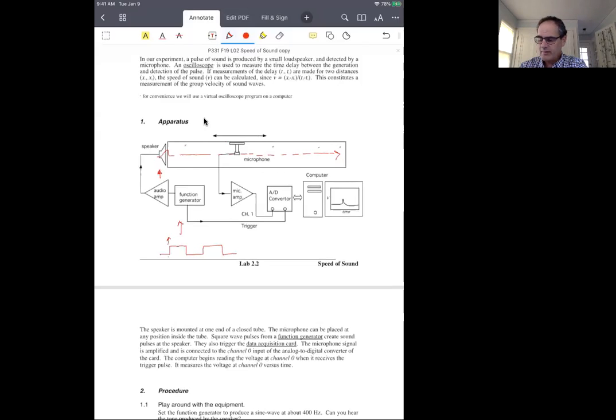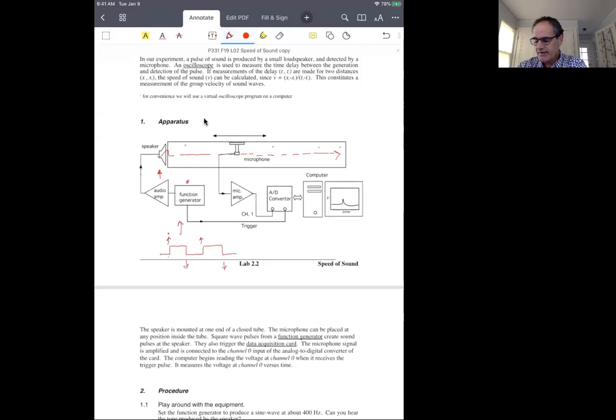So a pulse of sound will be produced here, and then a pulse of sound would be produced here at the opposite point, and here, and so on. We'll set the frequency of the square wave to be very low, maybe 1 cycle per second, so that we only generate 1 or 2 pulses per second, so we can keep them straight.